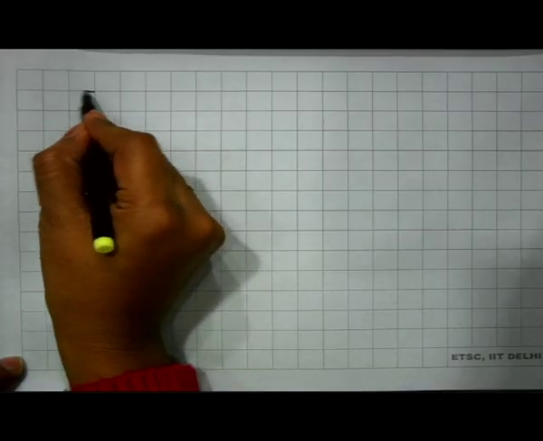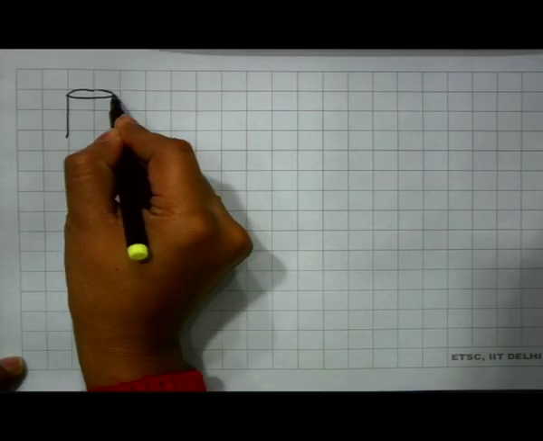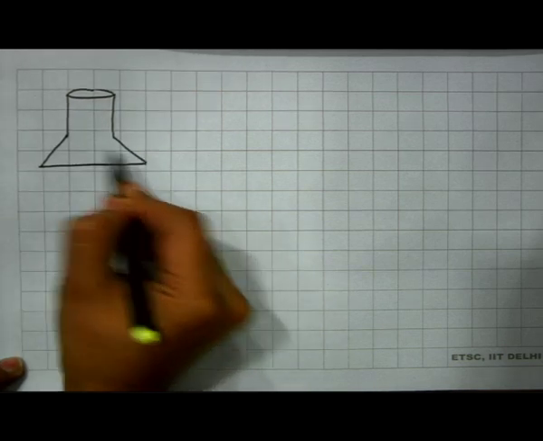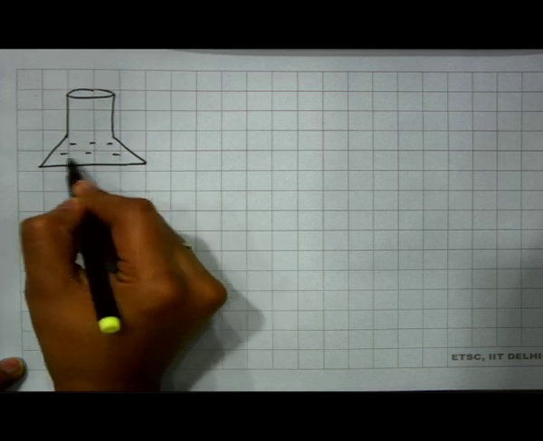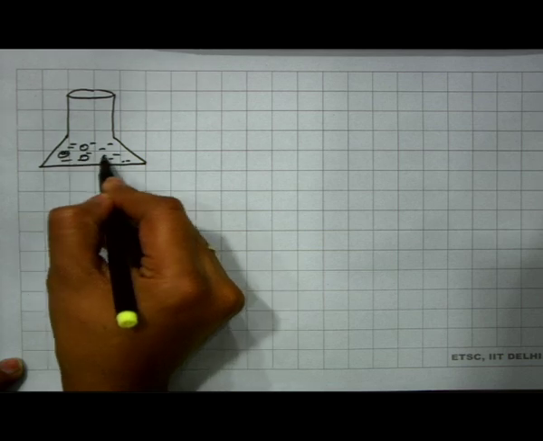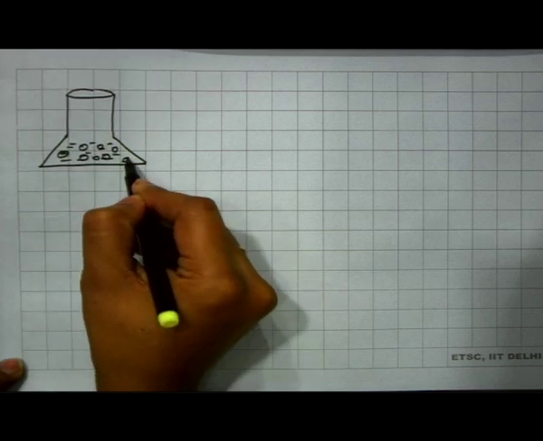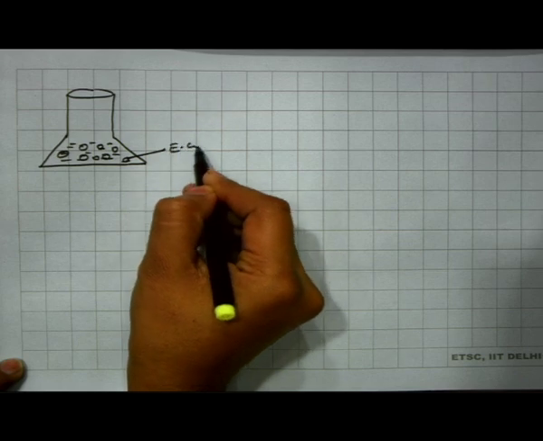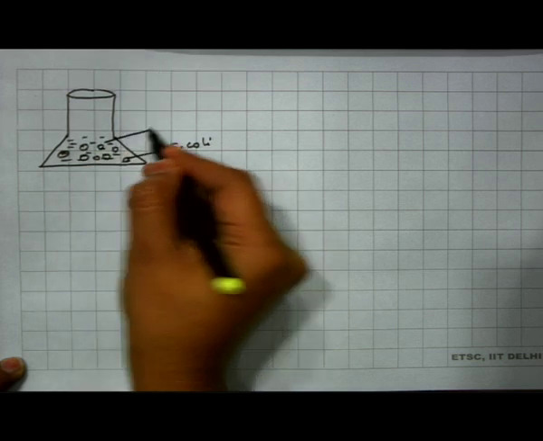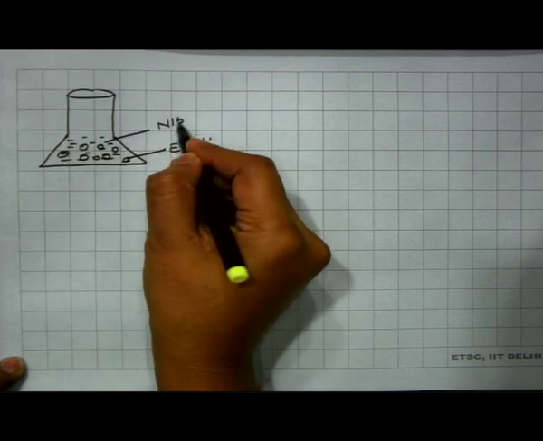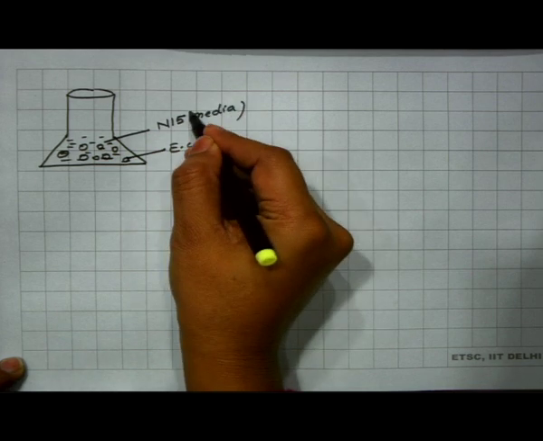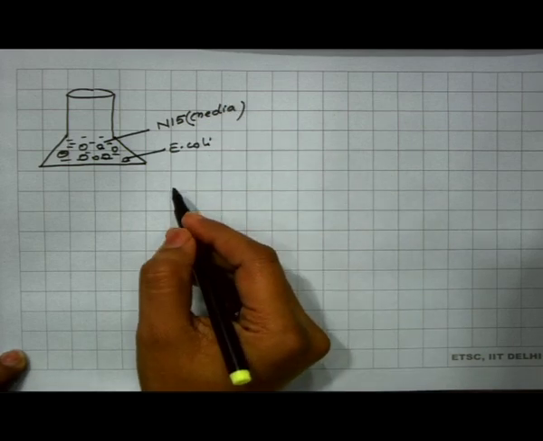Meselson and Stahl grew E. coli cells. These are E. coli cells. E. coli cells are bacteria and they took N15 in media, which is a radioisotope of nitrogen.